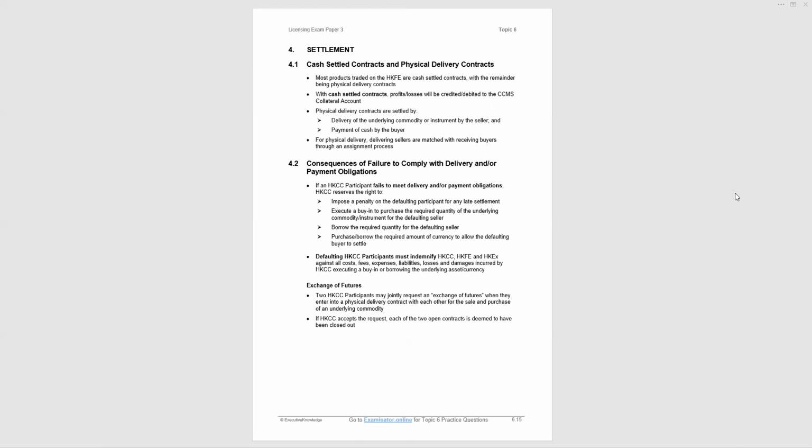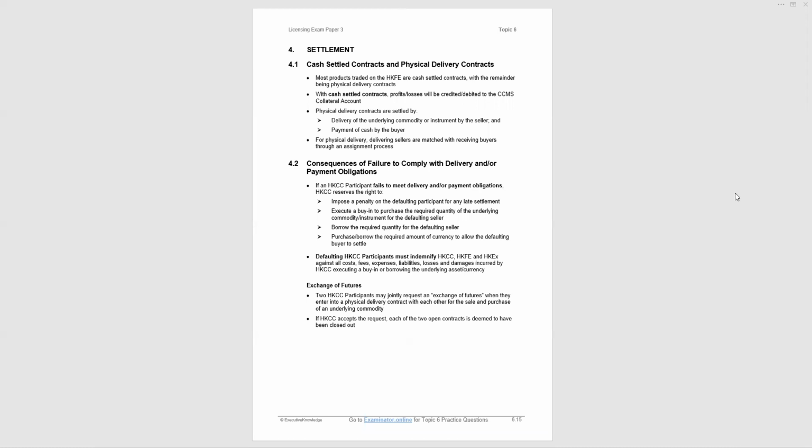Now, if you fail to comply with the delivery or payment obligations, what can happen? Well, the clearinghouse reserves the right to impose a penalty on the defaulting participant, execute a buy-in to purchase the required quantity of the commodity instrument, and then obviously charge the defaulting party, borrow the required quantity from the defaulting seller, borrow the required amount of currency to allow the defaulting buyer to settle.